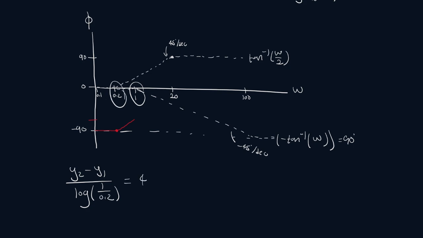So let's just bring that here. So that's 31.453. y1 was minus 90. So y2 will be equal to minus 58.546. So pretty much at this point.